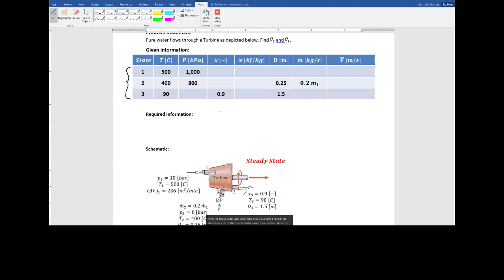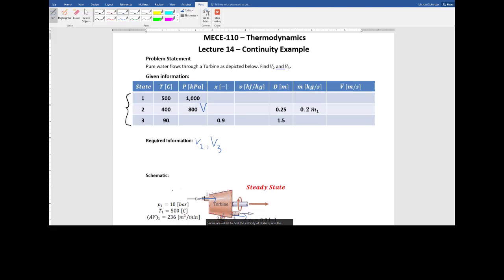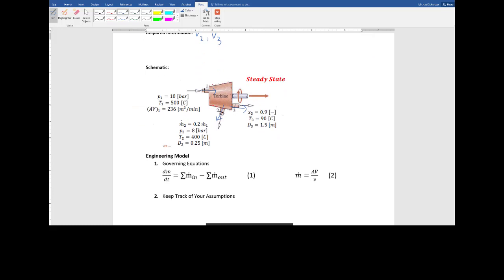So we're asked to find the velocity at state 2 and the velocity at state 3. We have this nice picture. We're told some information. Now, usually if we're asked to find a velocity or a mass flow rate, we know we're going to use our conservation of mass equation.